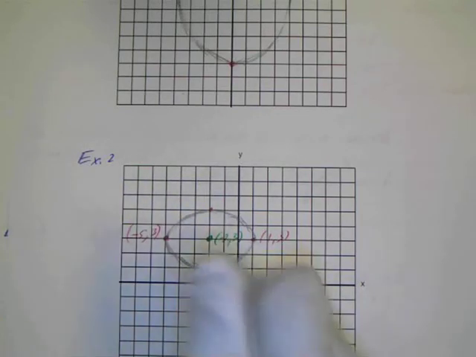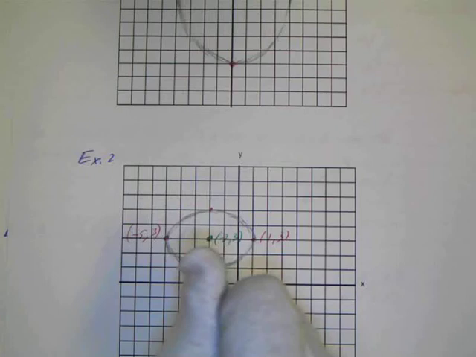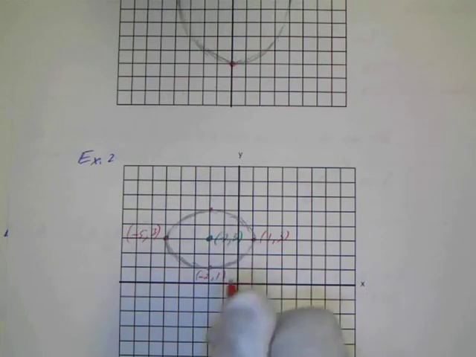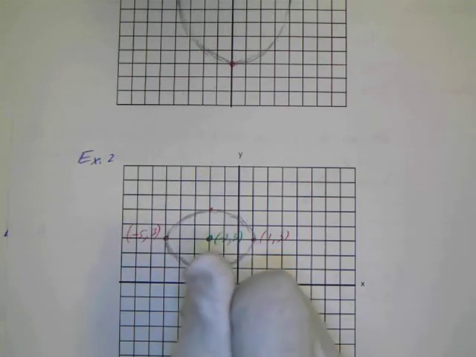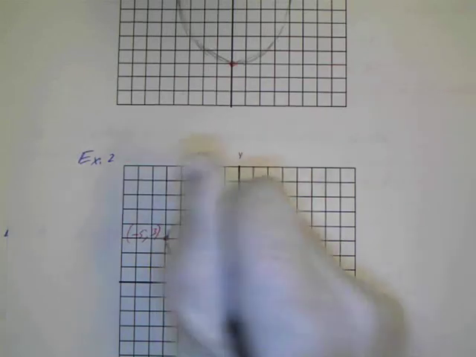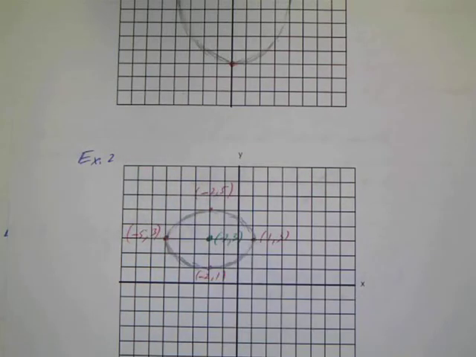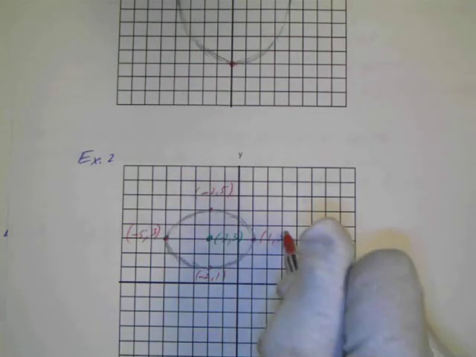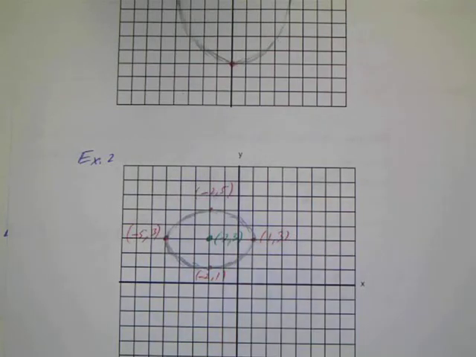And over here, this is going to be the point negative 2, 1, and then negative 2, 5. So you could label your vertices. All right? Hope that makes sense.